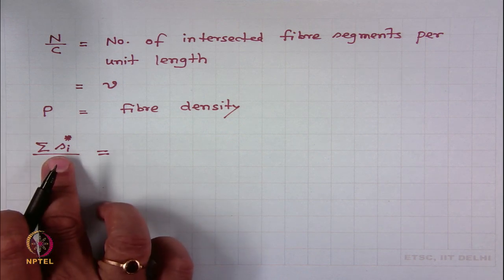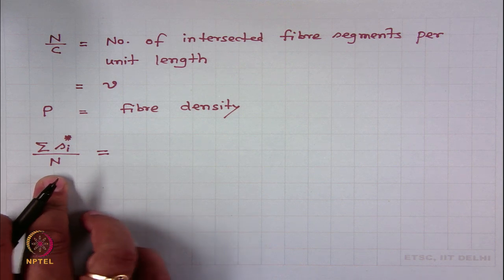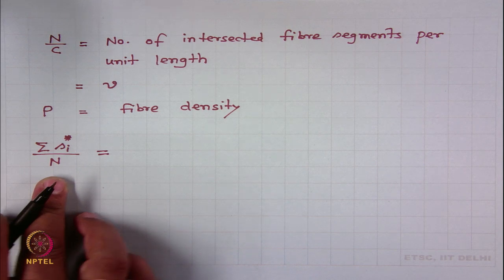The summation of all sectional areas divided by the total number of fiber segments. This is the mean sectional area.